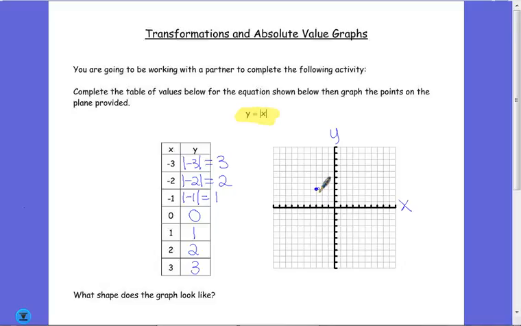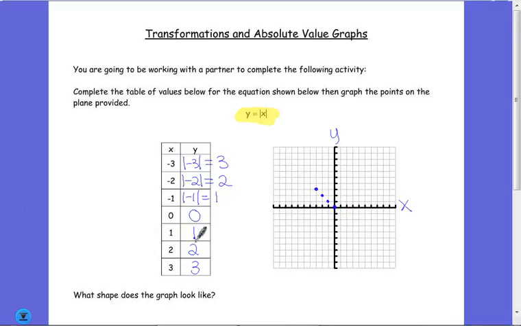Go ahead and pause the video and finish graphing the other 6 points. And let's see what shape you think your graph looks like. Okay, so you should have gone left 2 and up 2. 1, 2, 1, 2. You should have gone left 1 and up 1. 0, 0 is simply directly in the middle.